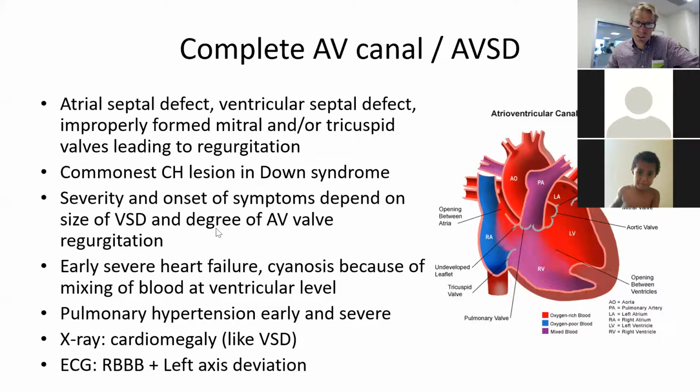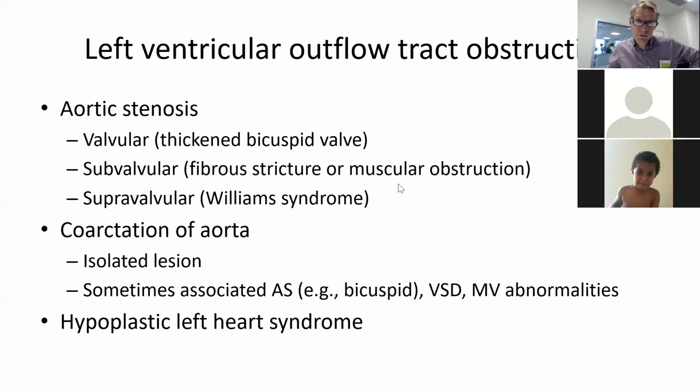AVSDs do occur in children who don't have Down syndrome, but most typically they occur in children who have Down syndrome. It's the most common congenital heart disease in children with Down syndrome, and the next most common is VSDs, and then tetralogy of Fallot. Okay.